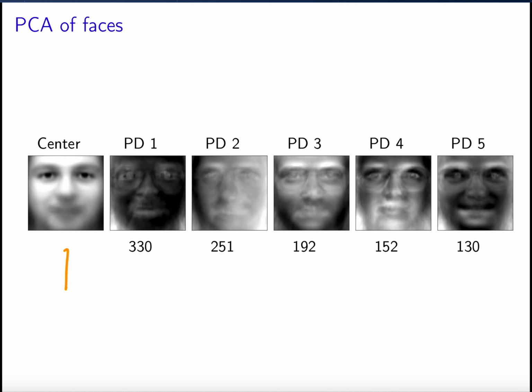So this is the center of the data, which makes sense because it looks like a face. And this is the direction of maximum variation. A lot of the faces have variations that have to do with the nose, the ears, and the mouth. Then you can see in the directions of maximum variation that some of them have eyebrows. Here we can see glasses, and so on and so forth.